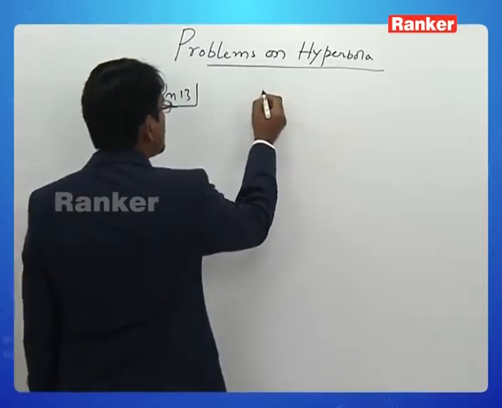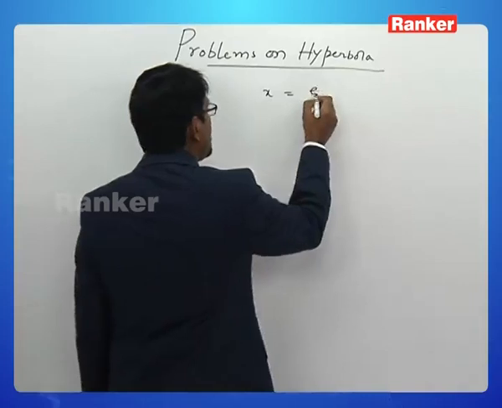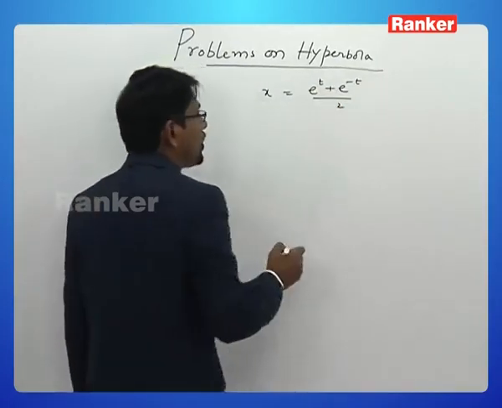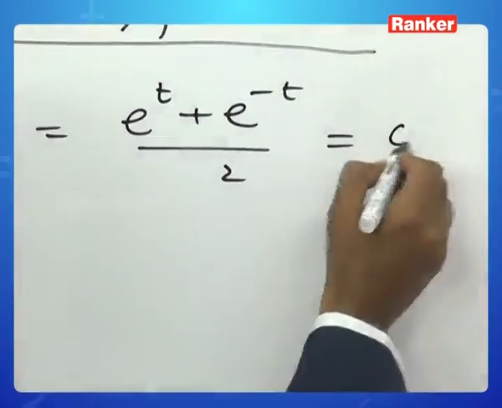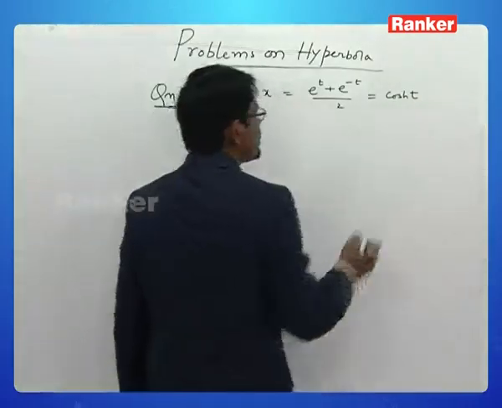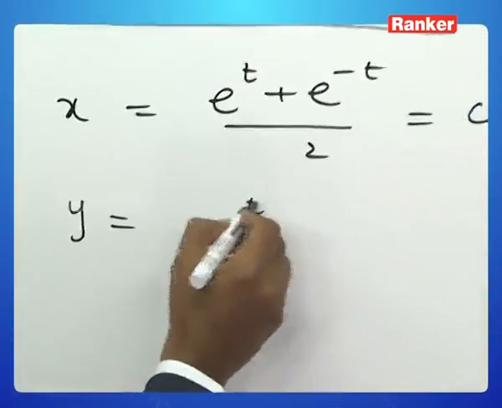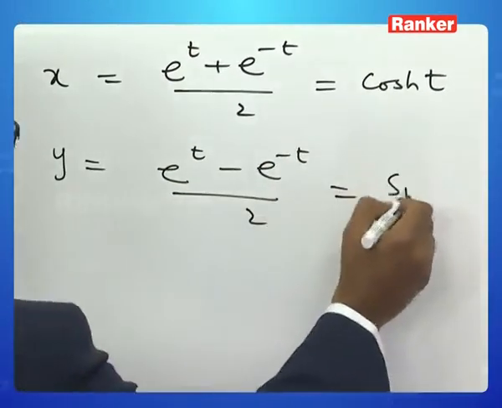Now we are given that the x coordinate of any point on the hyperbola is (e^t + e^(-t))/2. In fact, this is hyperbolic cos t. And the y coordinate is (e^t - e^(-t))/2, which is hyperbolic sin t.